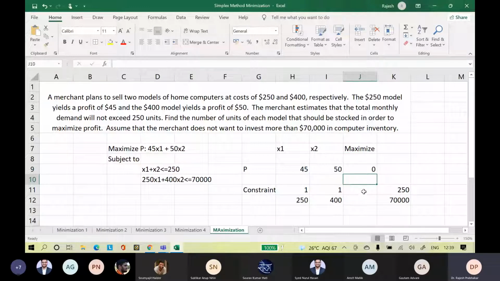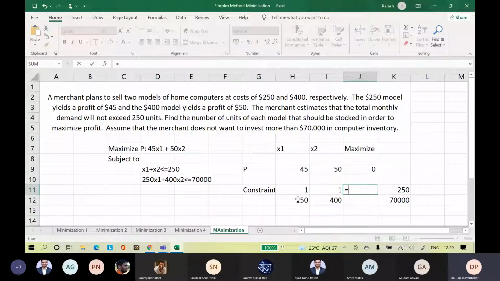So we take the profit. So this would be equal to this into this plus this into this. So we'll fix this too and we'll drag the formula down.